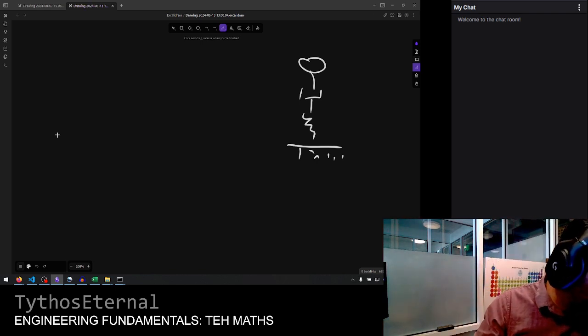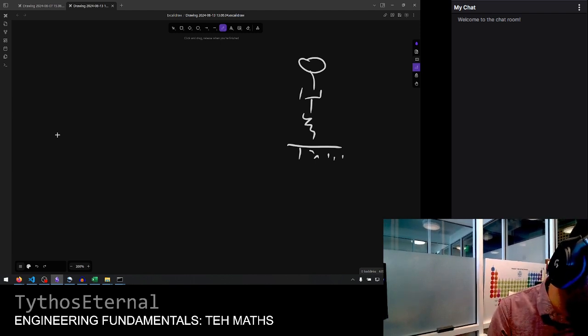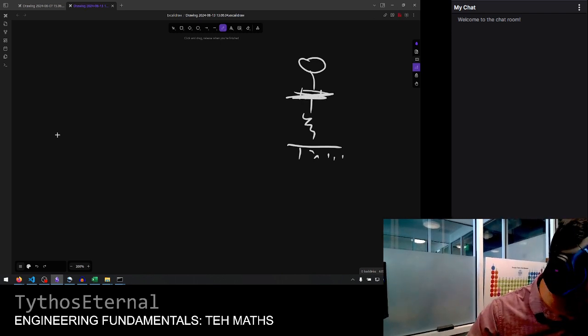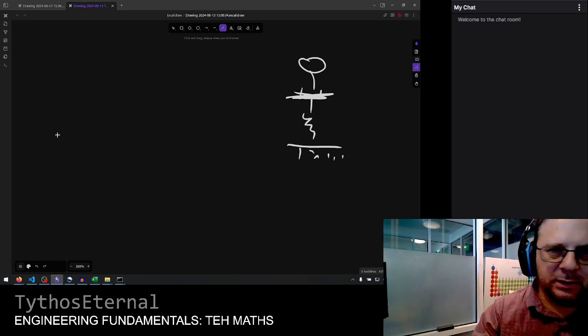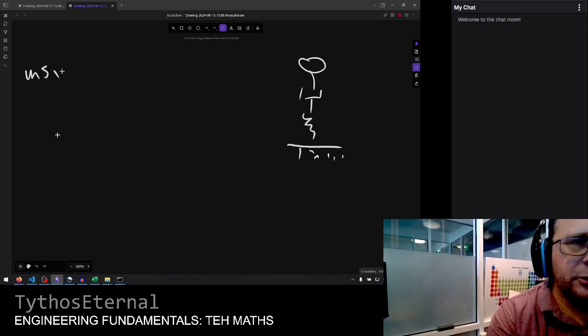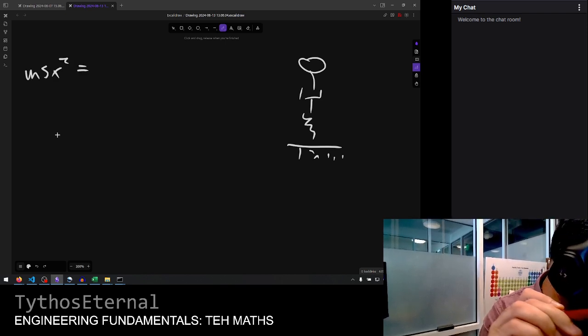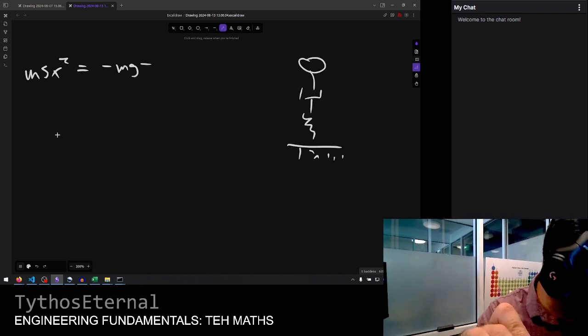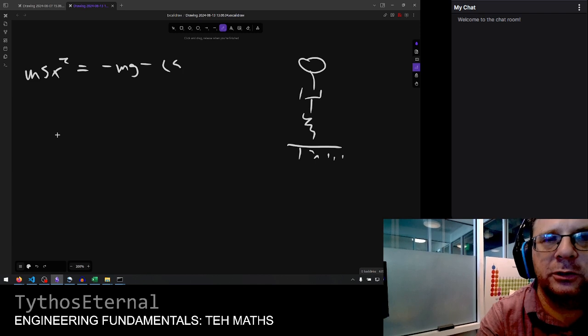So in this case, let's actually show you the example. m x double dot, mass times acceleration, equals gravity, minus c s x minus k x.